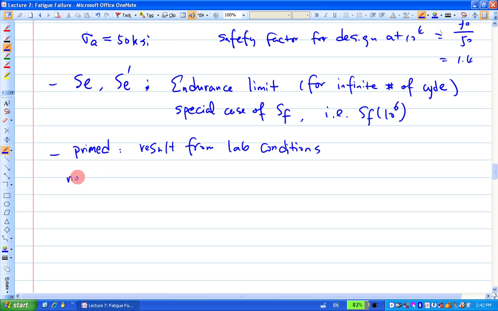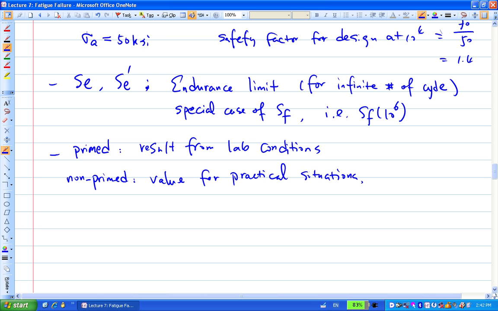And non-primed, as you can guess, must be referring to the non-lab condition. So this is the result or some kind of value for practical situations.